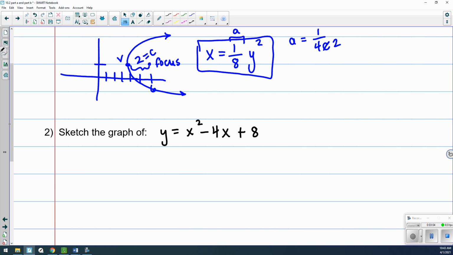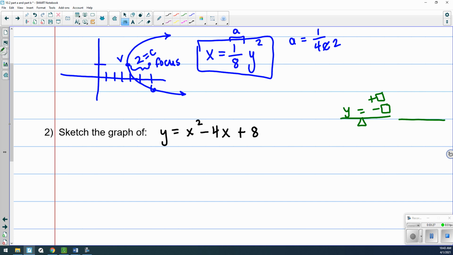And to put it into vertex form, we're going to complete the square. To remember how to complete the square, just remember that you have this teeter-totter business where you add a square, but then you also need to subtract a square so that you keep your equation balanced.